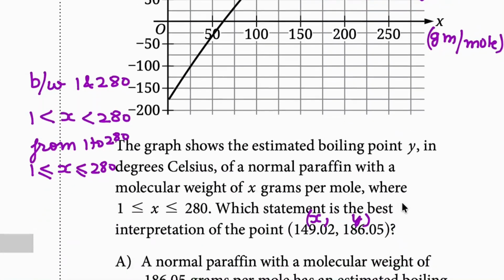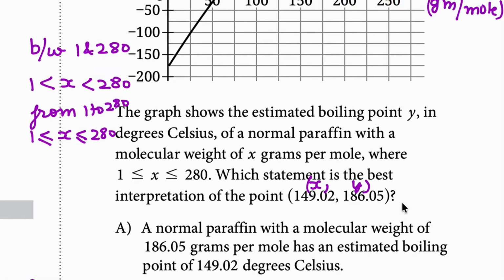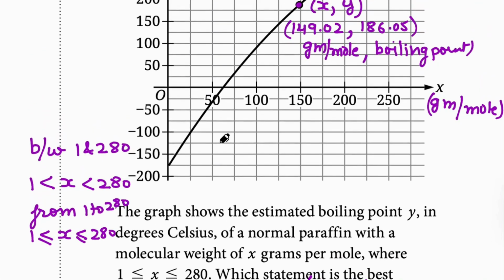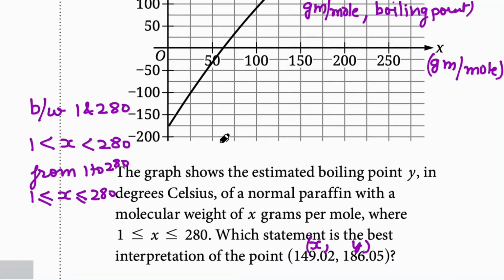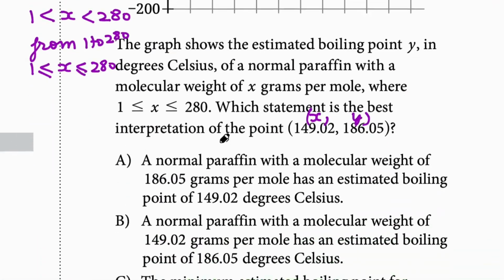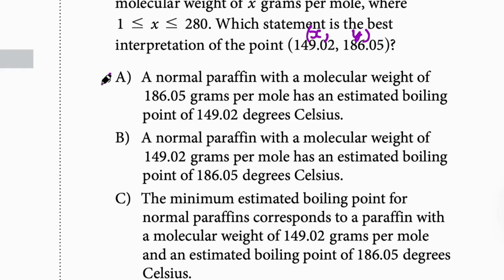Okay, let's go to the options. A normal paraffin with a molecular weight of 186.05 gram per mole has an estimated boiling point. No, that's wrong. The boiling point is 186.05 because that is the y coordinate and the y-axis is the boiling point. So the first one is wrong. A normal paraffin with a molecular weight of 149.02 and 186.05 as the estimated boiling point.